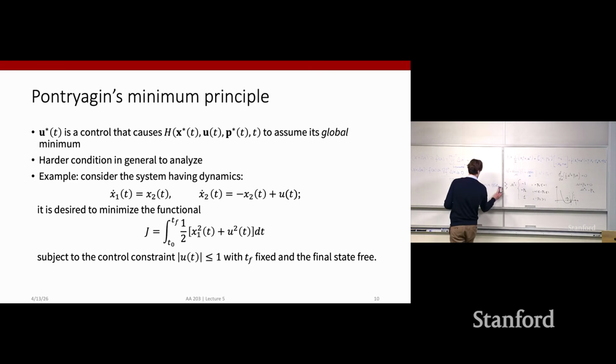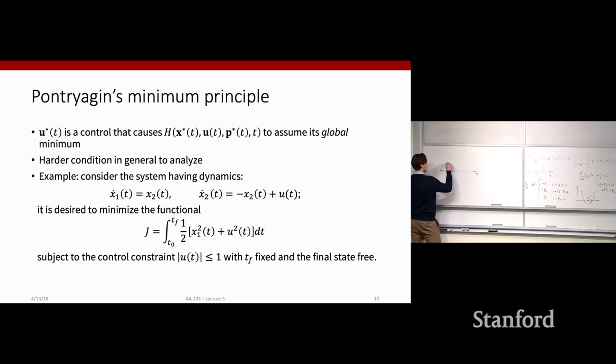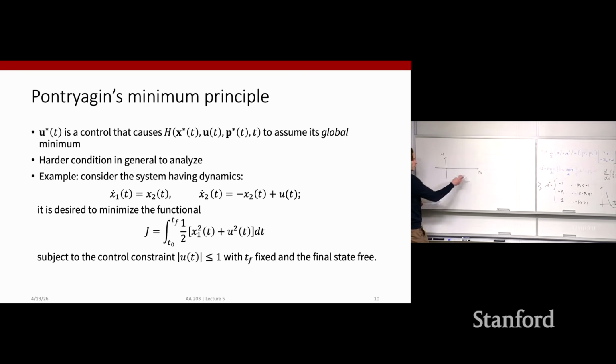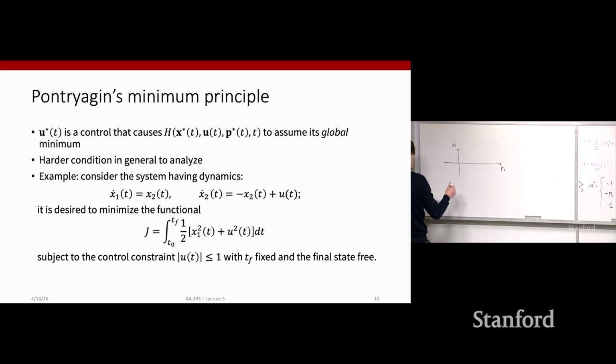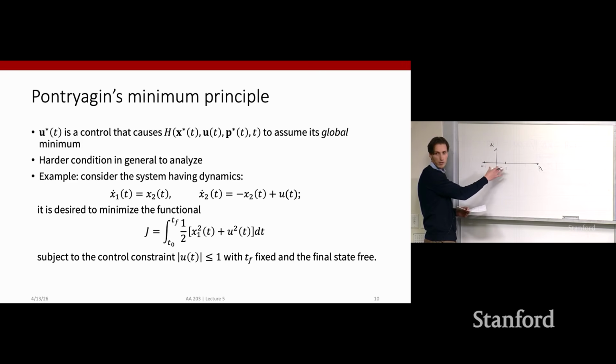Interestingly, and this is, I think, one of the strong points of indirect methods, regardless of the solution, so what the exact control is, we have basically pinpointed the structure of how our control looks, right? So now let's plot our control U as a function of P2. What we have now is that our control is between minus 1 and 1.